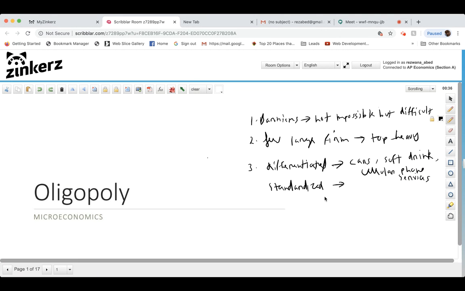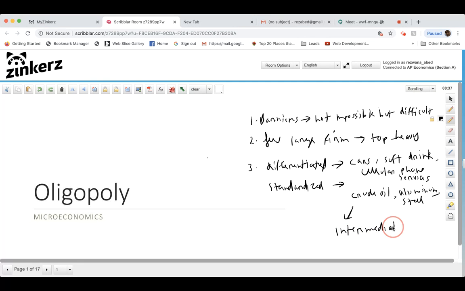And what were some examples of oligopolies that sell standardized or sort of identical products? Crude oil. Yes, crude oil, aluminum, steel. Sorry? It's mostly natural resources, right? Yeah, so they're mostly producing what we call intermediate goods.